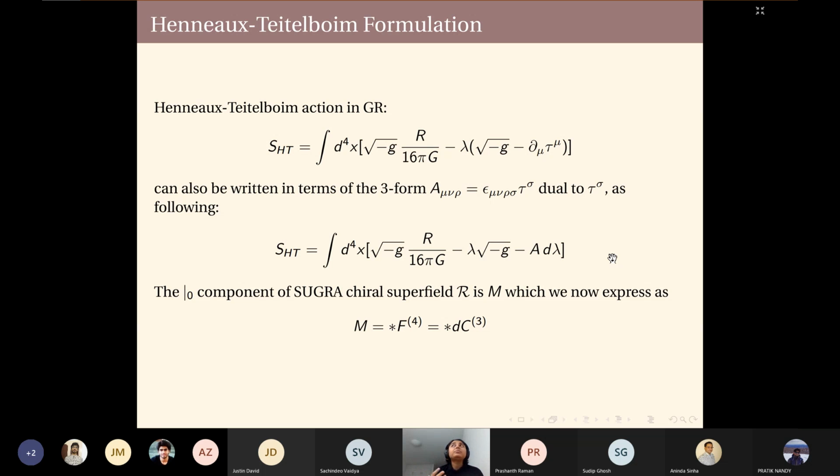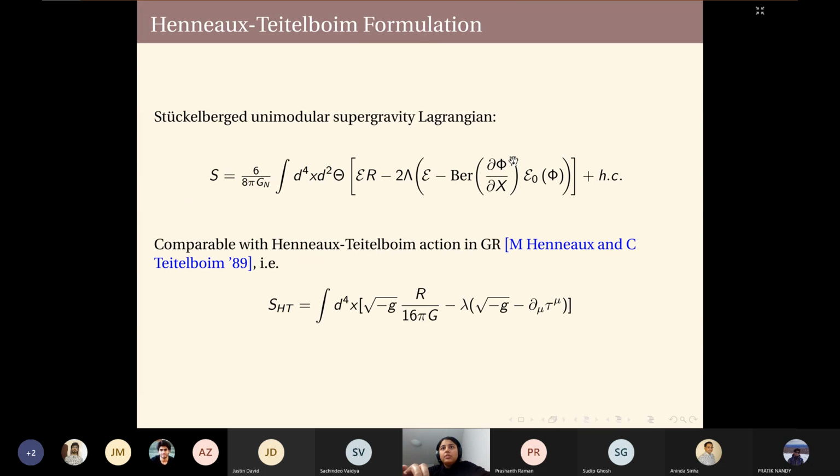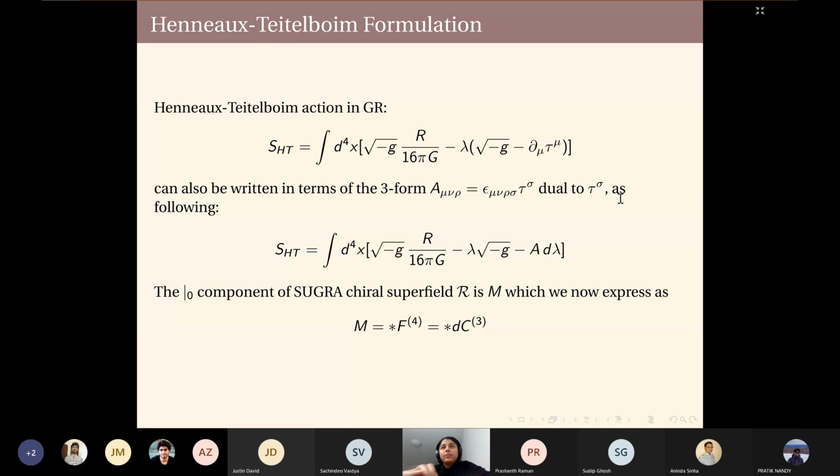And if we try to uplift our action from a 4-dimensional theory to higher dimensions, then 3-form supergravity is the most suitable form, because the field strengths of 3-form gauge fields can be identified as duals to the fluxes that thread the internal compactified space. So all of this provides us motivation to write our Stückelberg action as a 3-form action.